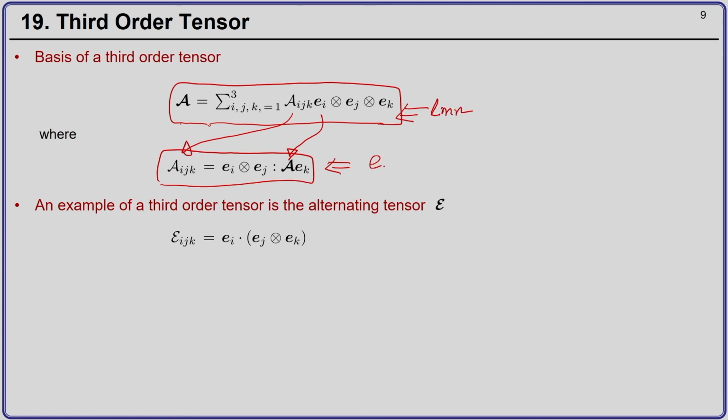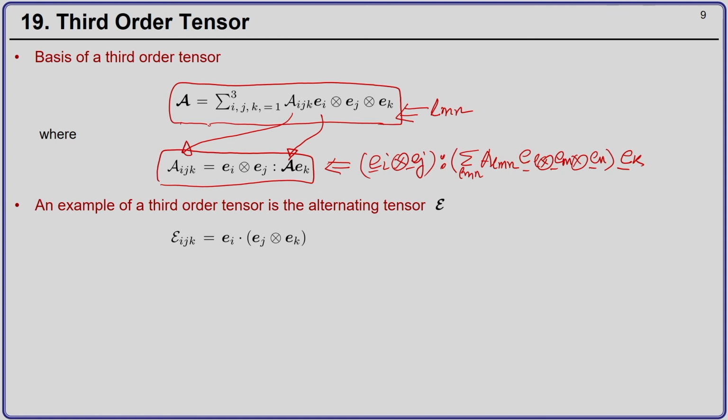So, all you need to do is start from e_i tensor product e_j, double contraction with the summation over l, m, n of A_lmn e_l tensor product e_m tensor product e_n, operating on e_k.